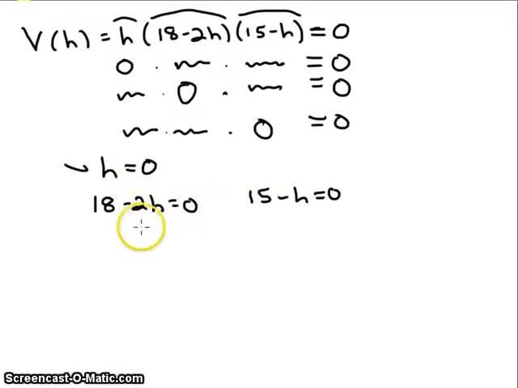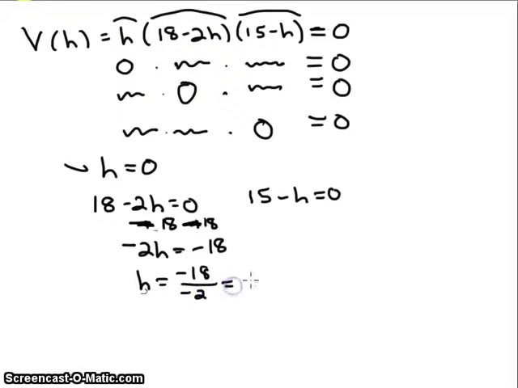So how can we solve this? Well, I'm going to add 18 to both sides here. That's going to give me negative 2h equals, subtract 18 from both sides, negative 18. h equals, divide both sides by negative 2, that gives me negative 18 over negative 2, which is h equals 9.